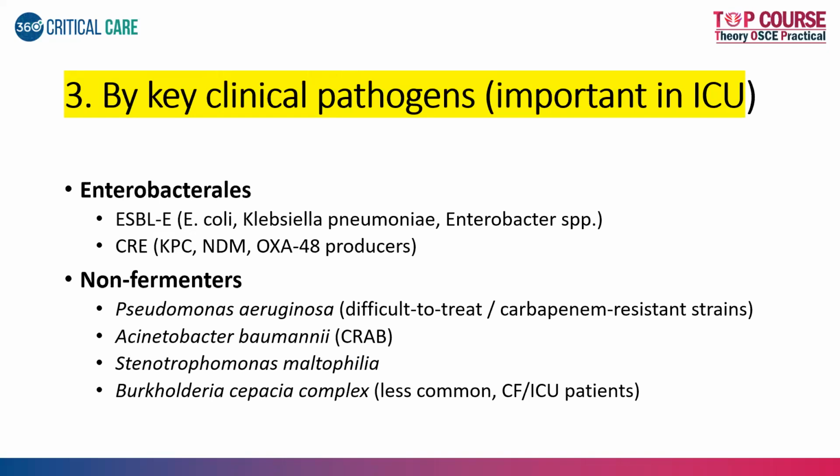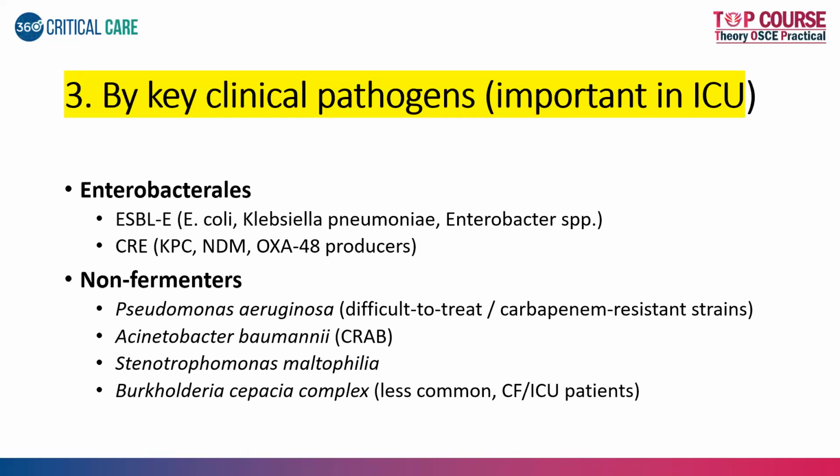Sometimes they broadly classify it as non-fermenters, and when you get an interim report, they usually mention it as Enterobacterales or non-fermenters. Then we get a complete report. Along with it, some labs also give us the sensitivity at the same time, by which we can understand whether this patient has MDR sepsis, XDR sepsis, or PDR sepsis.